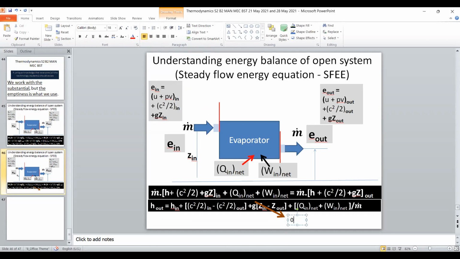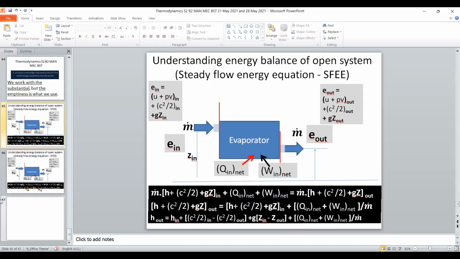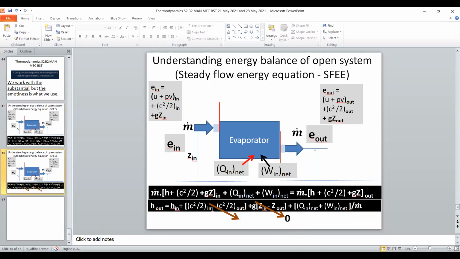So I would say 0, almost 0. The same way, velocity is also very small, and the differences are negligible.